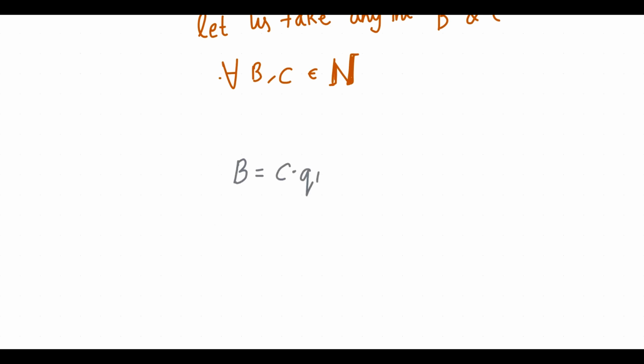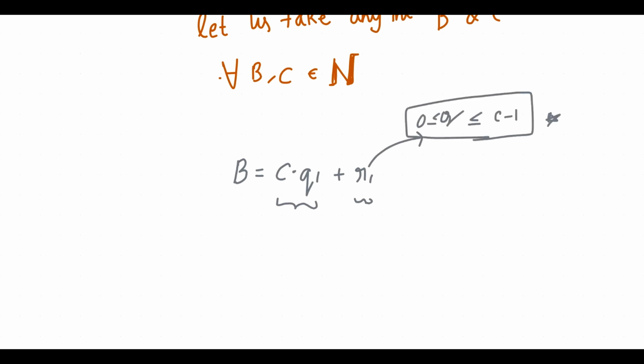So b can be written as c times some multiple plus a remainder. And we saw earlier that the remainder can't go past c, so r1 is greater than or equal to 0 but strictly less than c.